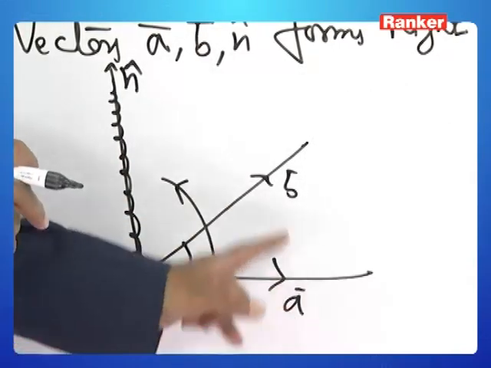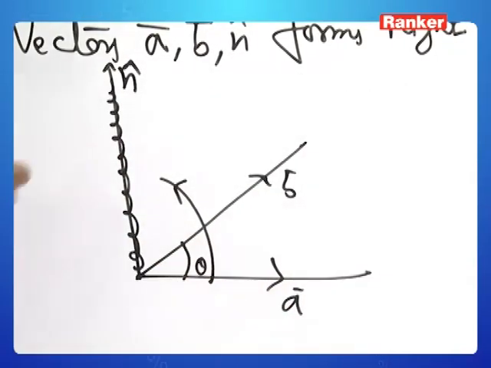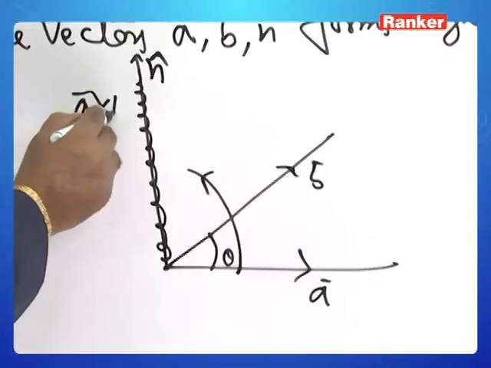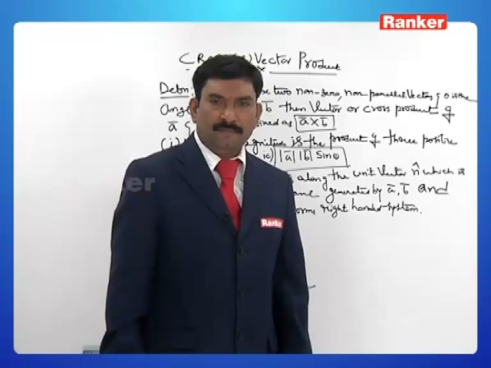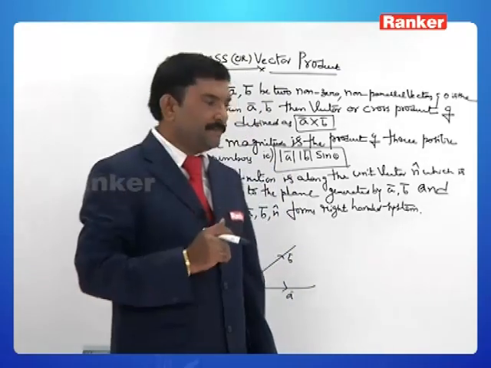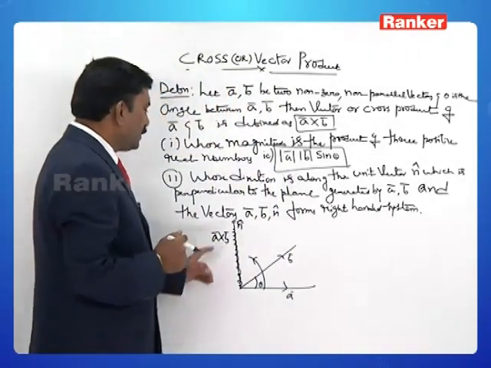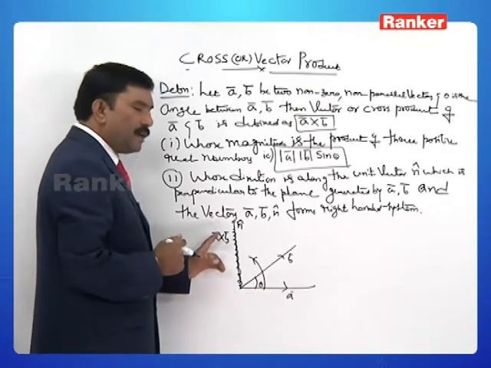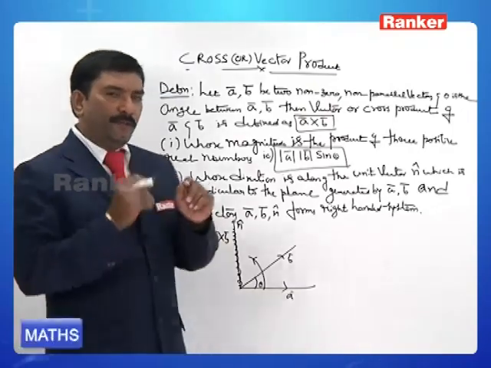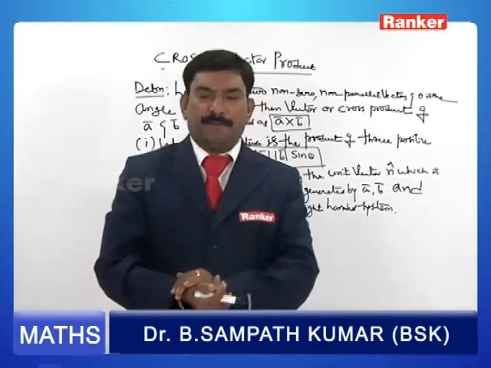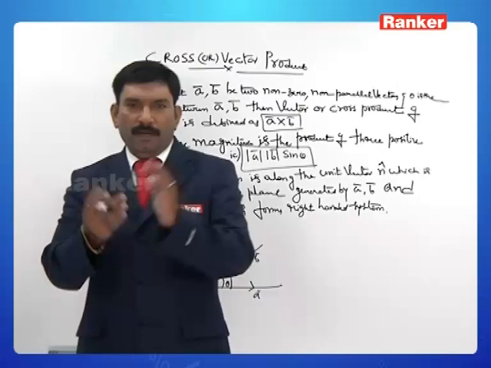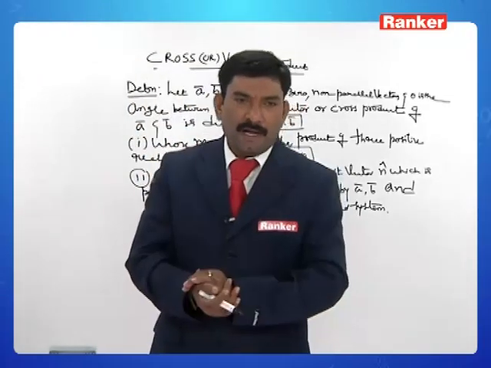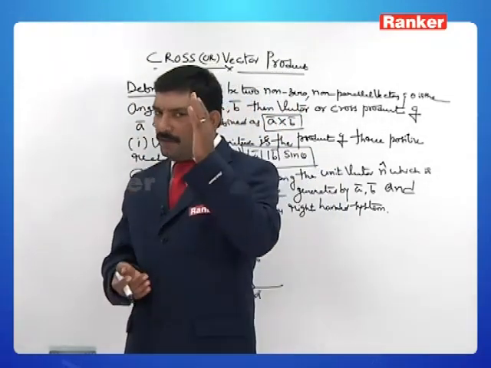So when you rotate A towards B, A cross B is generated along n cap. It means that A cross B will be along the n cap. Nevertheless, A cross B and n cap are collinear.